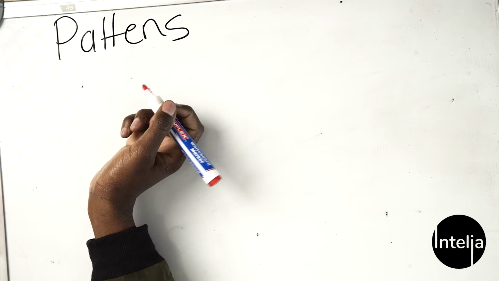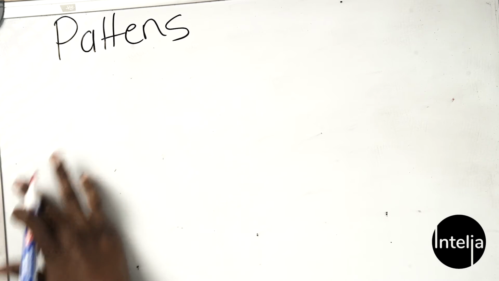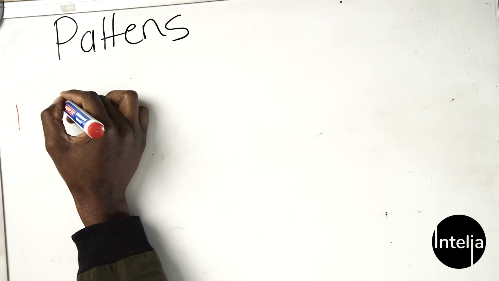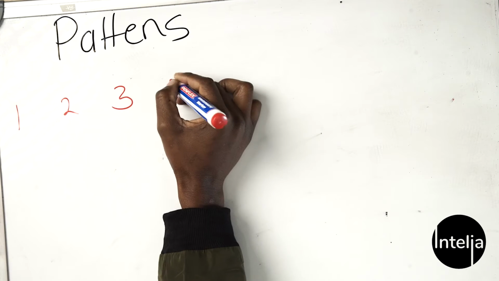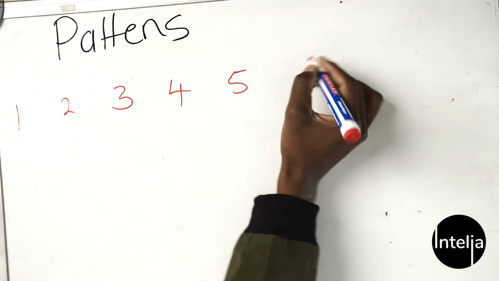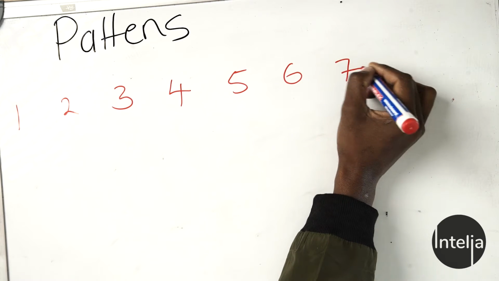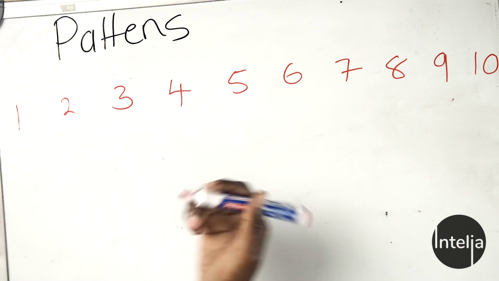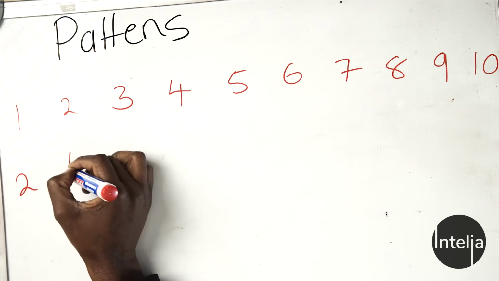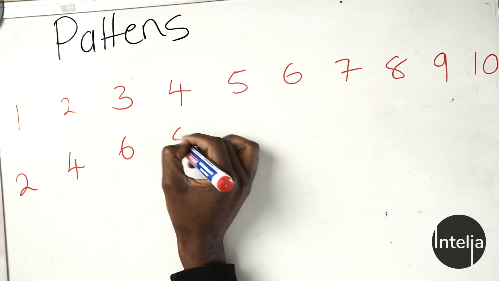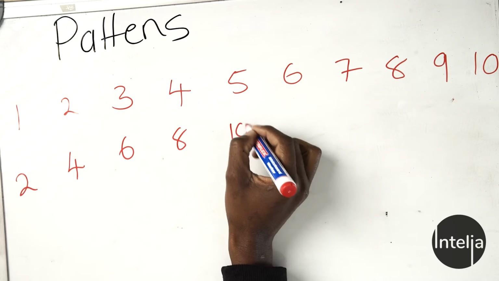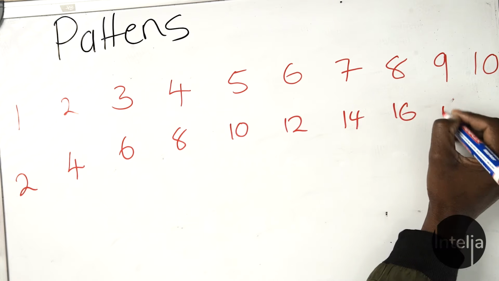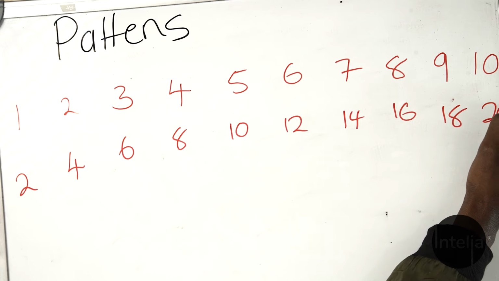Remember when we were counting, we counted our numbers from 1, 2, 3, 4, 5, 6, 7, 8, 9, 10. Then 2, 4, 6, 8, 10, 12, 14, 16, 18, 20.